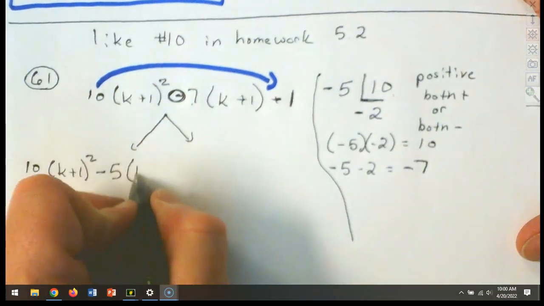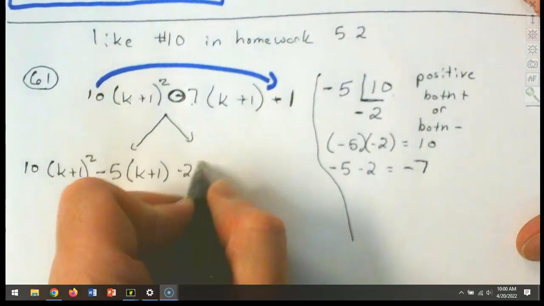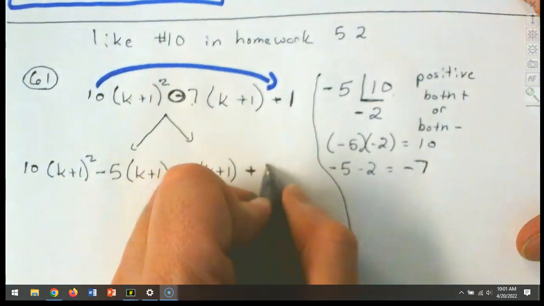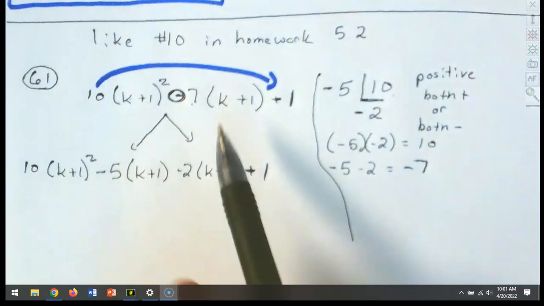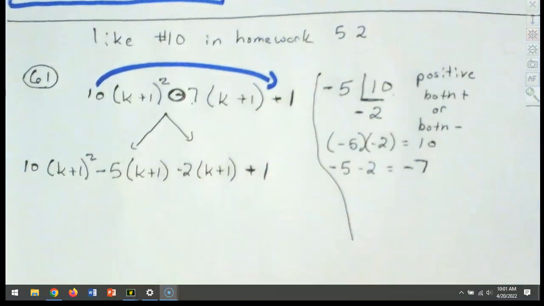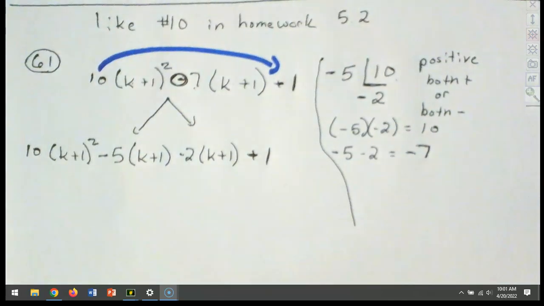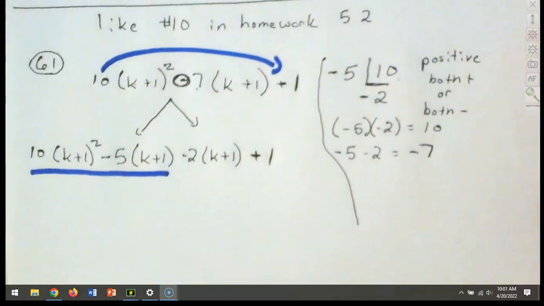So minus 5 times k plus 1, then minus 2 times k plus 1 plus 1 on the end. So we split it up. Even though it's got parentheses, we split that up, okay? Right into this. Now we think about how we're going to factor. Now when we factor these, you might end up taking out a set of parentheses instead of a variable.